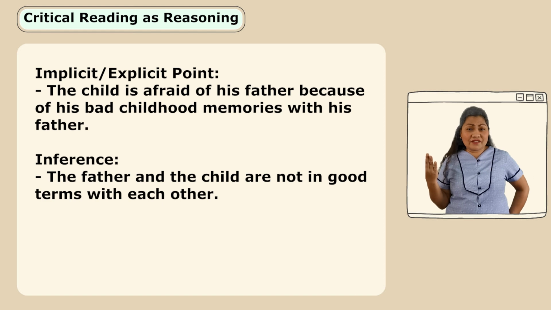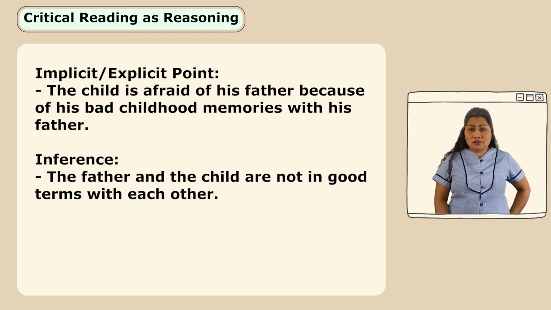Now, can you identify the implicit information there? The child is very afraid of his father due to childhood bad memories with his father. Yes, that's correct. So that's implicit information based on the letter. Now, can you identify the inference in that letter?